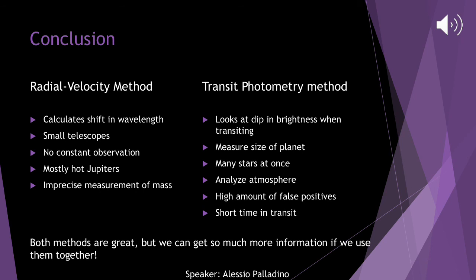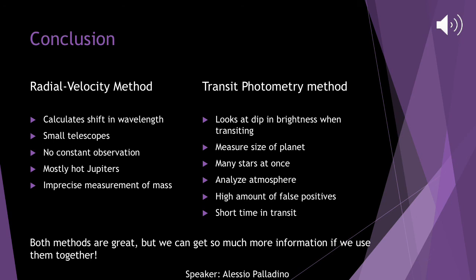In conclusion, the radial velocity method and the transit photometry method are both unique and practical ways to detect exoplanets. The radial velocity method calculates a star's shift in the wavelength of light emitted when it is being gravitationally pulled by an orbiting planet. When these shifts happen periodically, an object is orbiting the star.